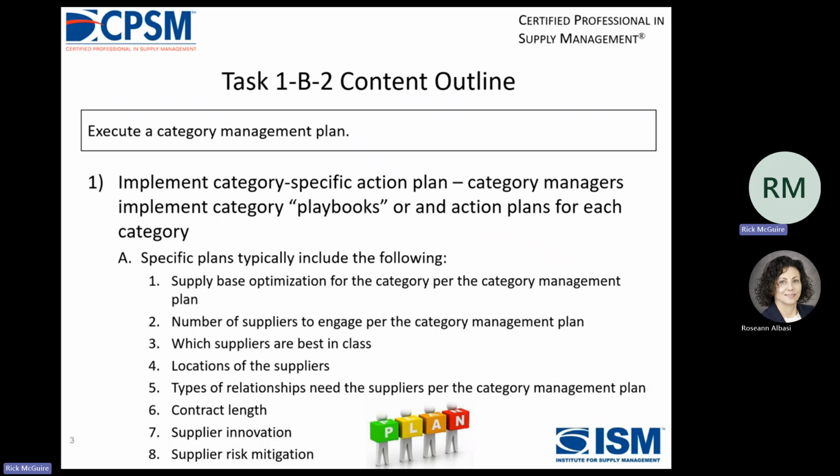Specific plans will include things like supply base optimization per category, number of suppliers to engage in the category, which suppliers are best in class, location of the suppliers, types of relationships needed, names of the suppliers per the category plan.